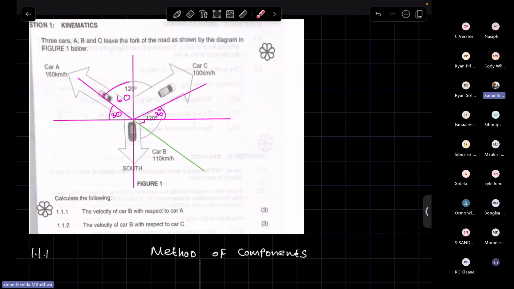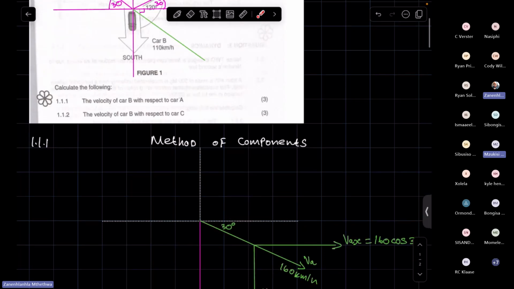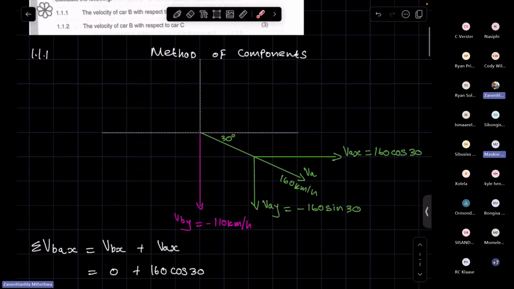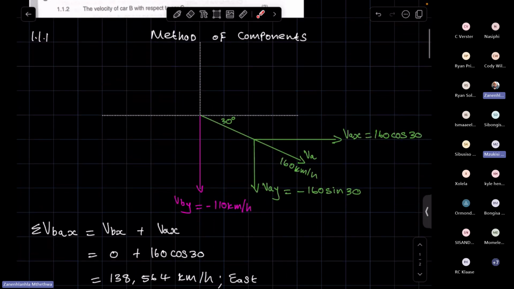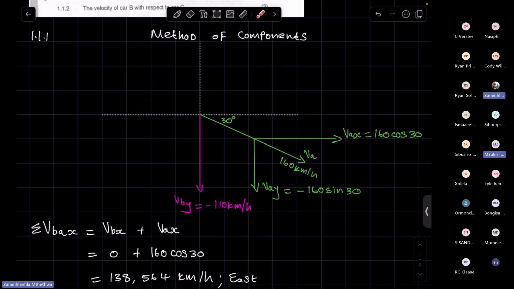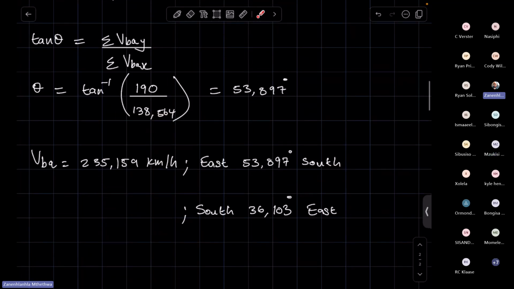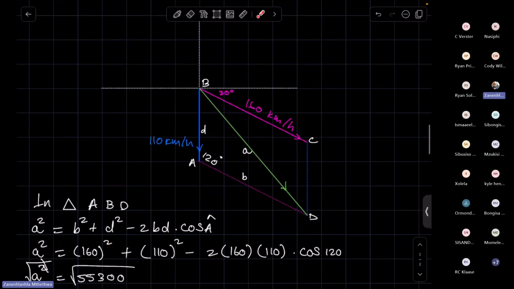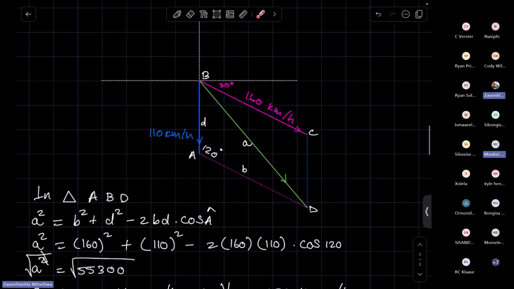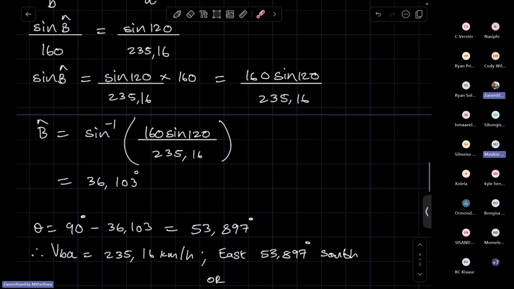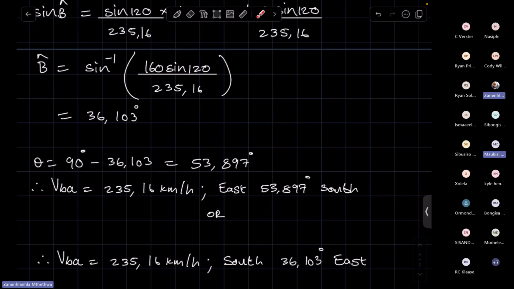Can I ask a question? Sure. If we go back just a little bit, why did we decide to minus that angle from 90 instead of 60? The theta on the parallelogram. Why did we say 90 minus this instead of 90 minus 30?